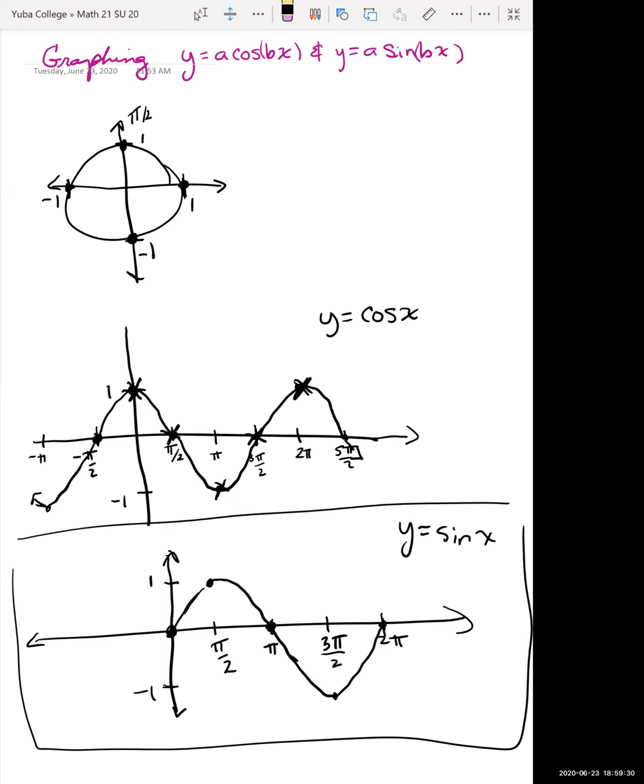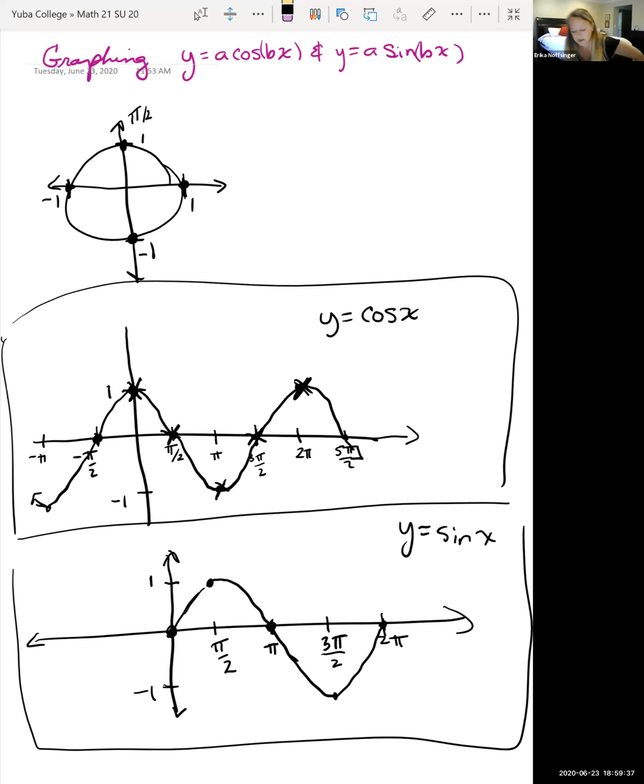Professor, how do you know what points to plot? I always want to get the main points. My main points, if I think of it around my unit circle, are the values where it's going to hit either the max, the min, or where it's going to cross the x-axis.